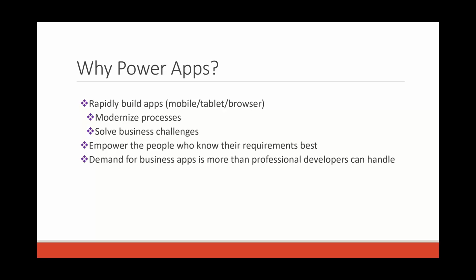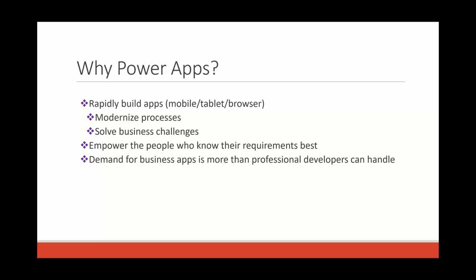More and more people want to be able to do things in a mobile way, on their phones, be able to interact with their business data and actually do their work on a mobile device. And there just isn't enough time in the world for the group of professional developers that exist to be able to create all those apps. So Power Apps lets the people who need those apps develop them if they're something pretty basic, or at least have a lot of input into a more rapid development process that a professional developer can be involved in.